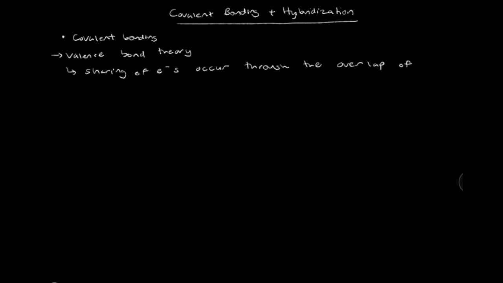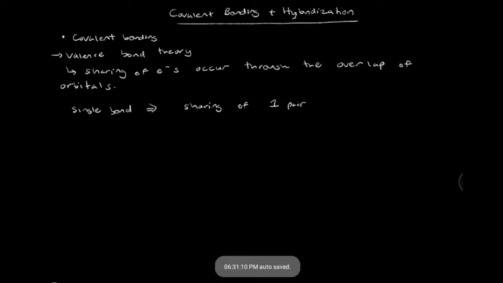of orbitals. And you guys are probably aware that there are different types of bonding electrons that can be shared, right? A single bond is when you have a sharing of one pair of bonding electrons. Okay, so I'm just going to abbreviate bonding electrons as BE, right?